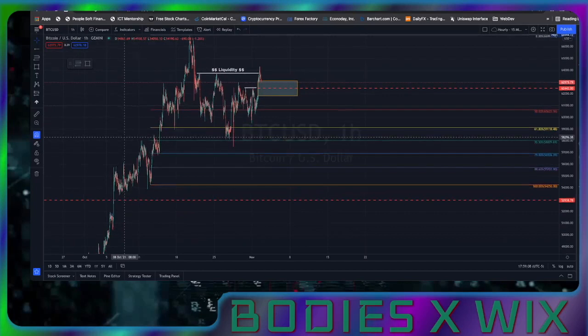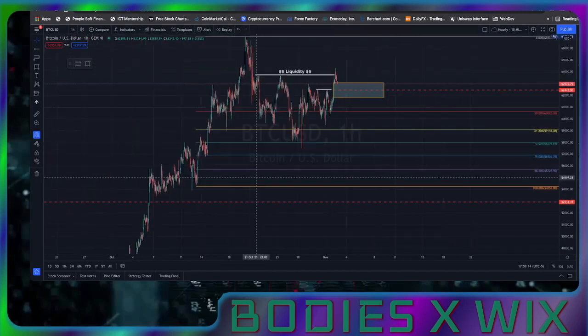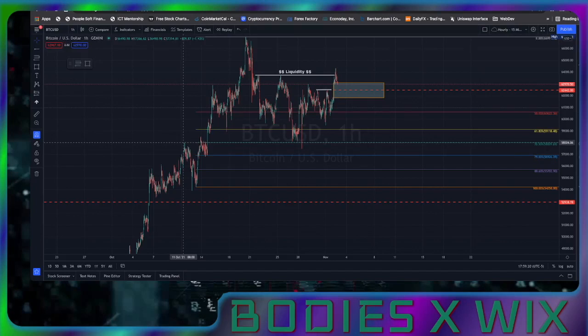Usually I look for it after the big drop, because the drop will give you the bullish order block. And the bullish order block usually tends to start somewhere around one of these designated lines: the 61.8, the 70.5, the 79, or the 88.6.